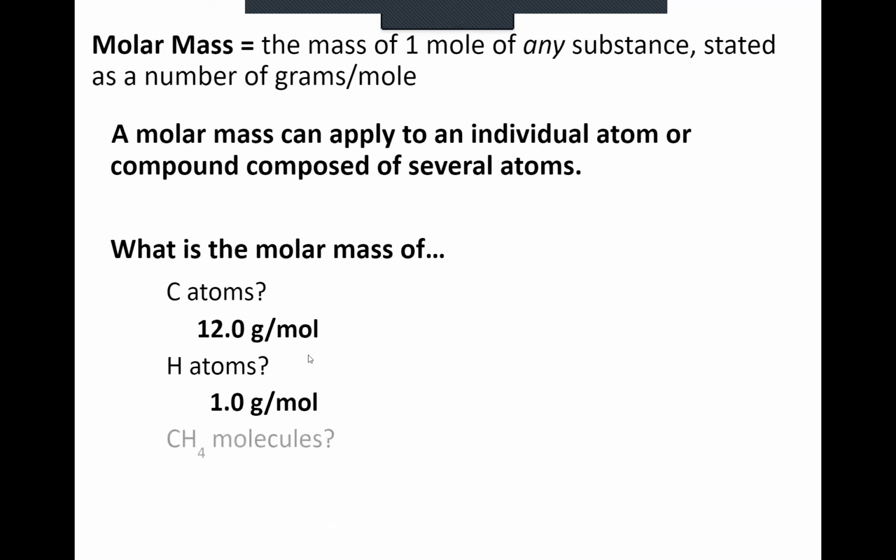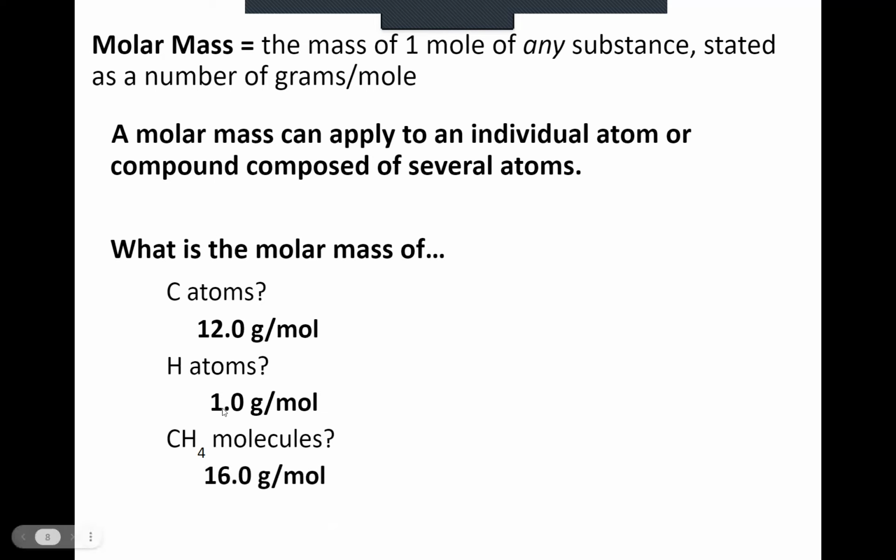But what if we have a compound that consists of 1 carbon and 4 hydrogen atoms, CH4? We can find the molar mass of that compound simply by adding together the number of atoms of each type that you have in the formula. So if there's 1 carbon, I'd add 12.